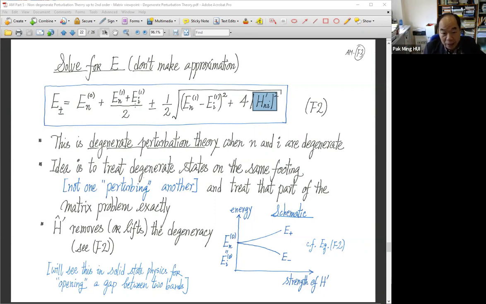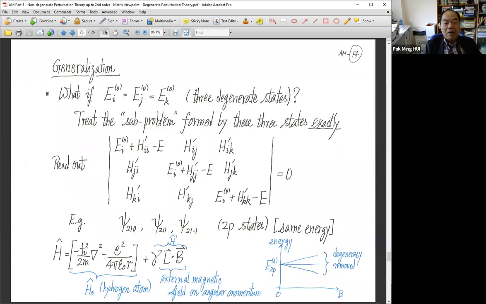It is easy to see from the result, obvious. So I mentioned this situation. If you have three states in the unperturbed problem that are degenerate, what can I do? Don't worry. Read out that part, the whole thing, and then do that part more carefully. Okay?